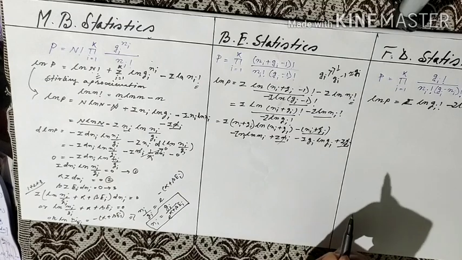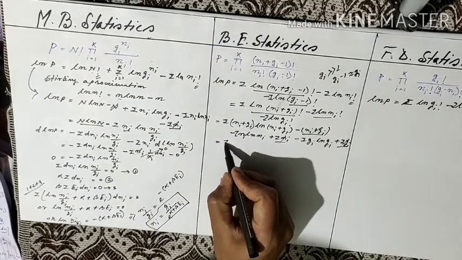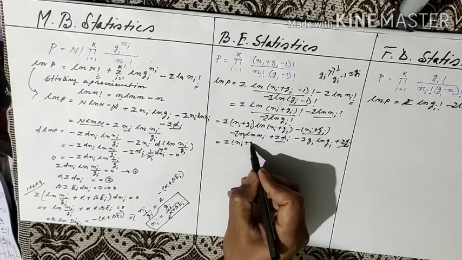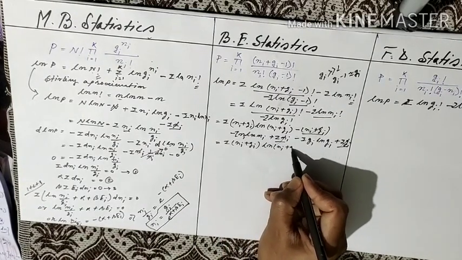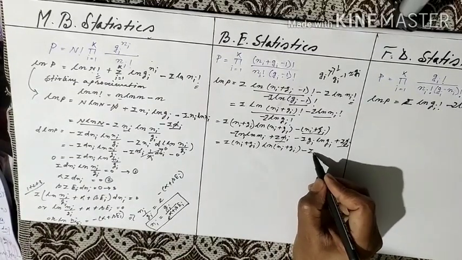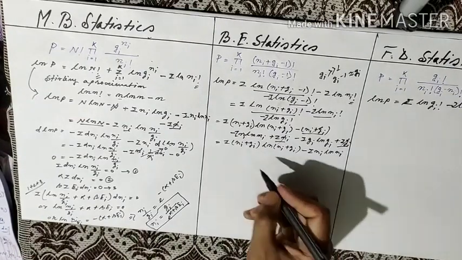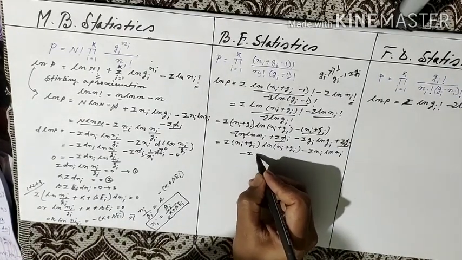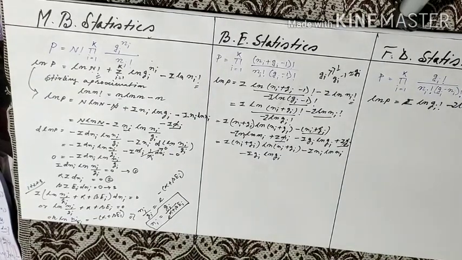The remaining part will be simply summation of ni plus gi ln ni plus gi, minus summation of ni ln ni, and minus summation of gi ln gi.